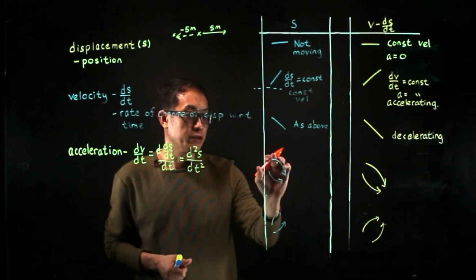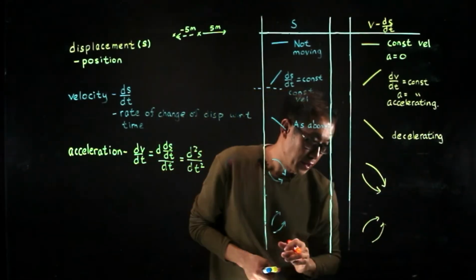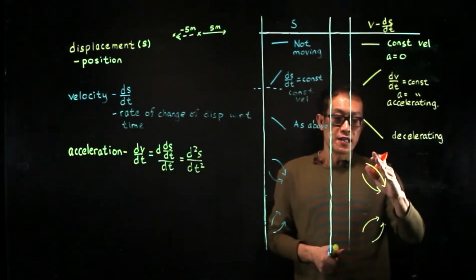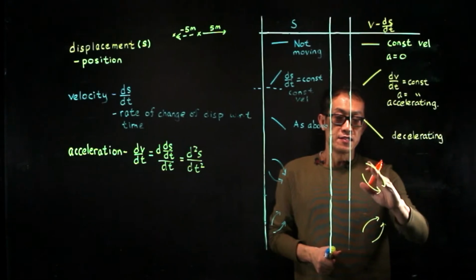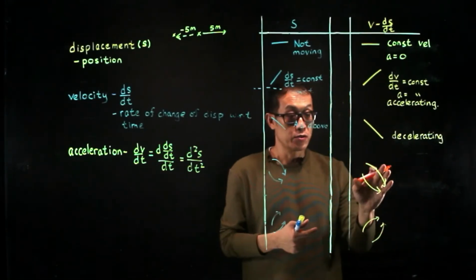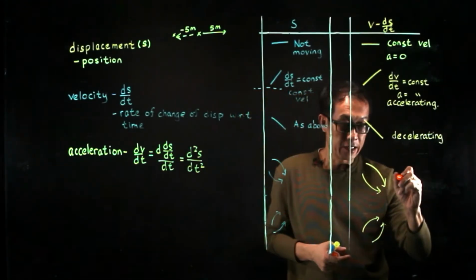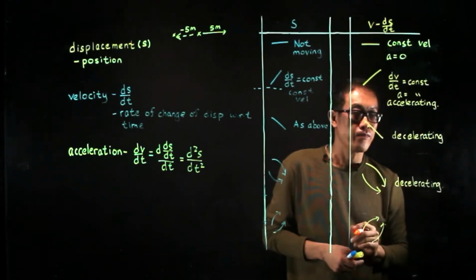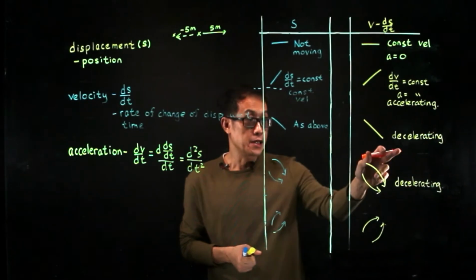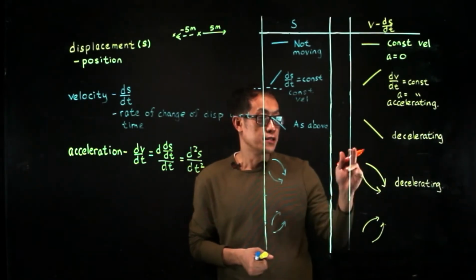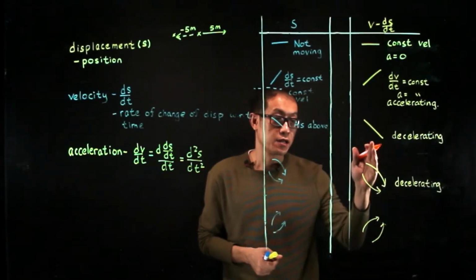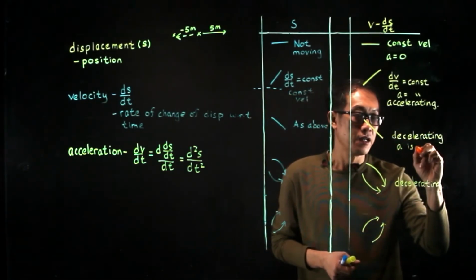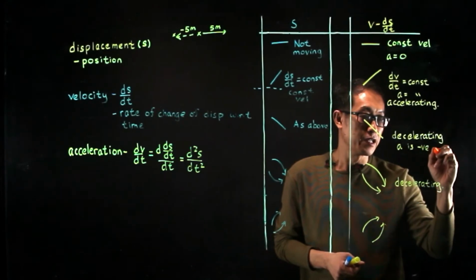Now, what happens if the graph is like that? I do this first. This one, you realize the gradient is negative, so this is also decelerating. But in this case, a is a constant. A is negative, a negative constant.